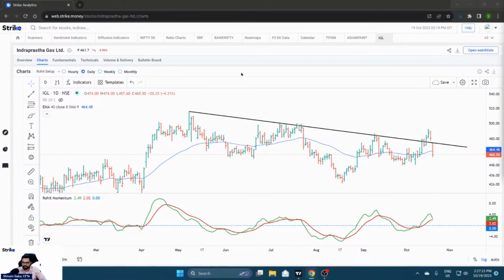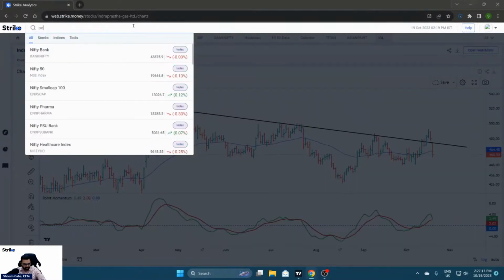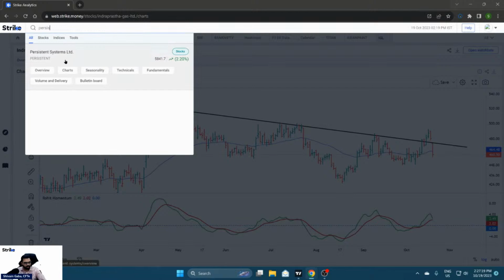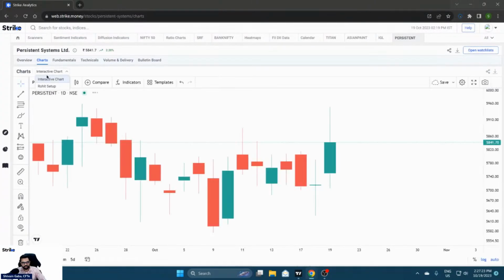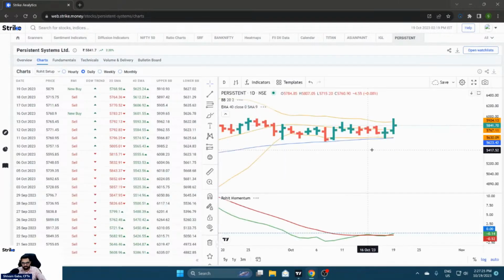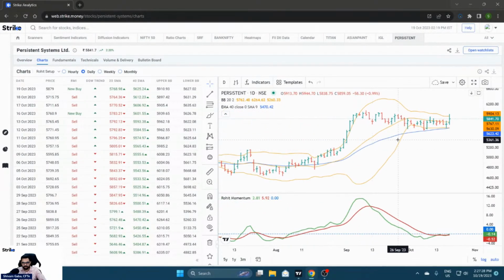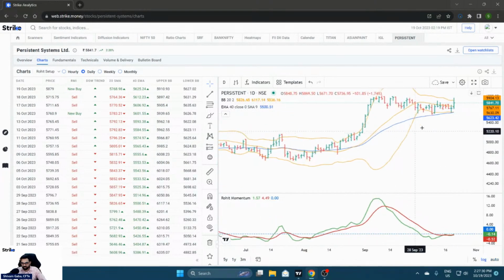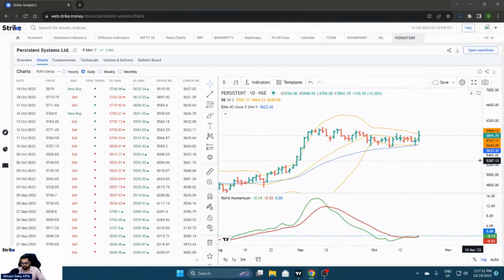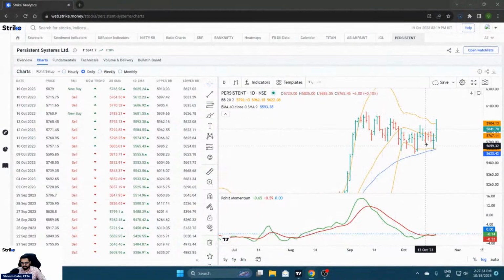Persistent Systems, is it a breakout? I'm not sure if it has already come out with the results, because IT stocks had results in the last few days. On the daily chart, it's actually a very nice consolidation from these highs, and the cycle has completed.